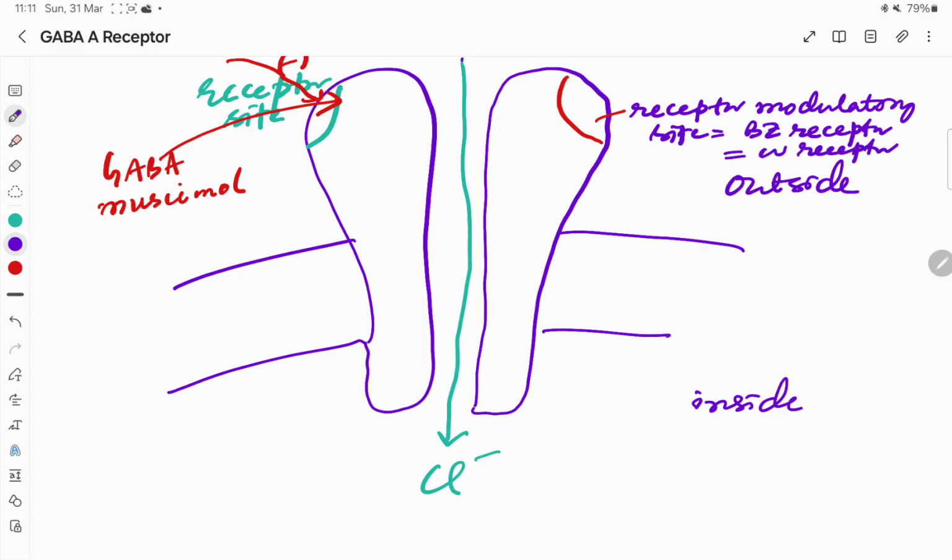This receptor is of two types, BZ1 and BZ2. BZ1 is also known as omega 1, BZ2 is also known as omega 2.